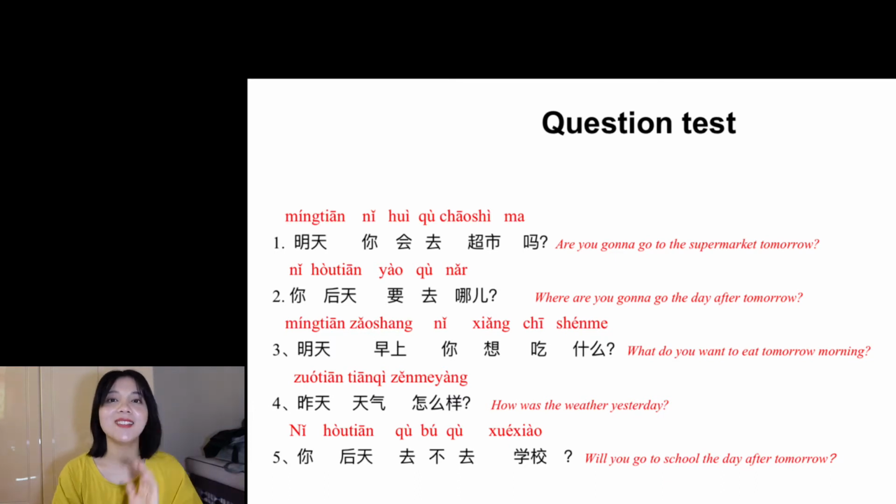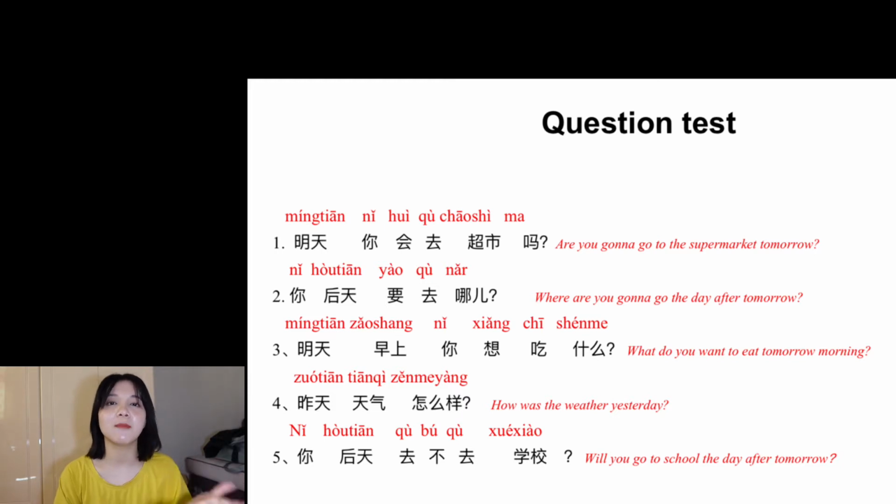Question 1. 明天你会去超市吗？Tomorrow, are you gonna go to the supermarket? The answer can be yes. 明天我会去超市 or 明天我不会去超市。Question 2. 你后天要去哪儿？Where are you gonna go the day after tomorrow?